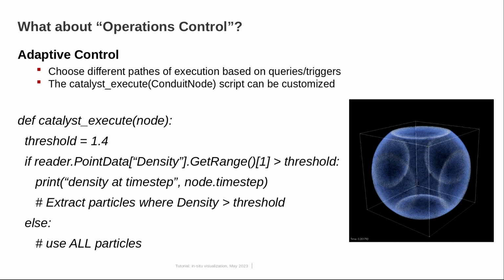I want to look at the maximum value of my range. So if you do get range, you get minimum and maximum. Maximum is the second value. If that maximum is greater than the threshold, I extract the particles where the density is greater than threshold. Otherwise, I use all particles.